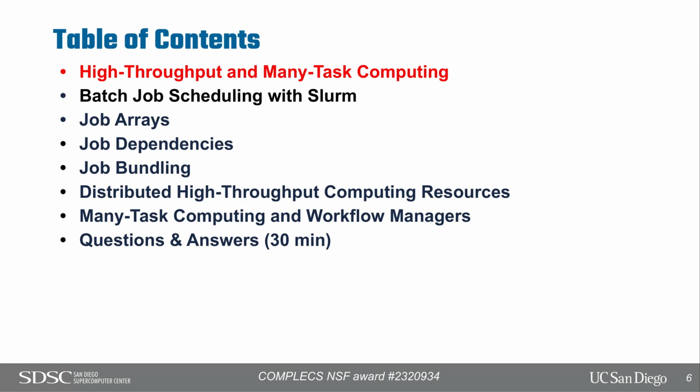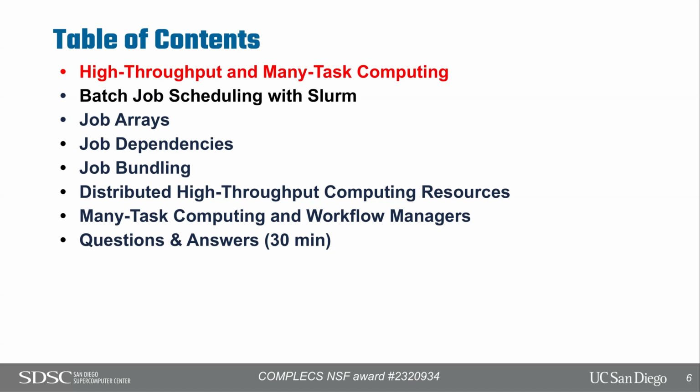But I want to start out with defining what I mean by high throughput and many task computing. And then I'll review a little bit about what we covered in the last batch computing series talk on what batch job scheduling is and what Slurm is, just in case others weren't here. And then I'll talk about these job arrays and job dependency features at the very least.